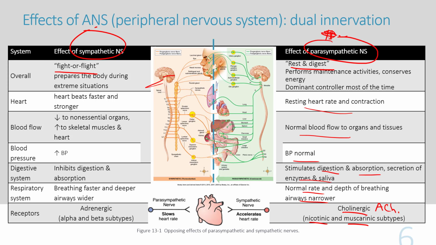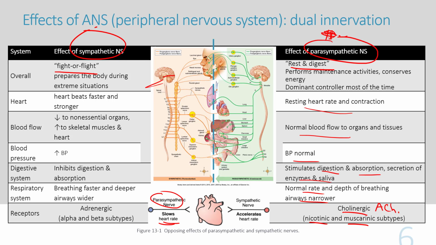So the parasympathetic nervous system is just the system that keeps you ticking over. If you look at the diagram of the heart, and I know that these are flipped, you can see the parasympathetic nerve basically slows down heart rate.